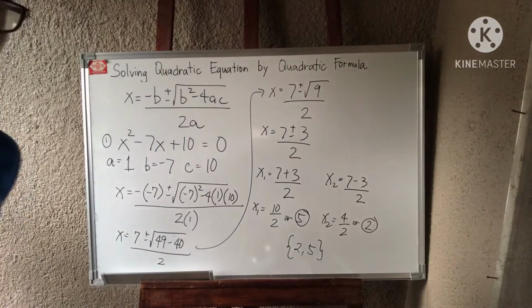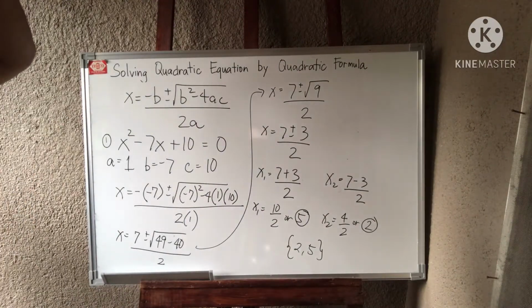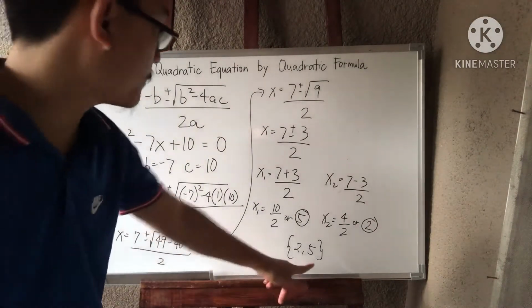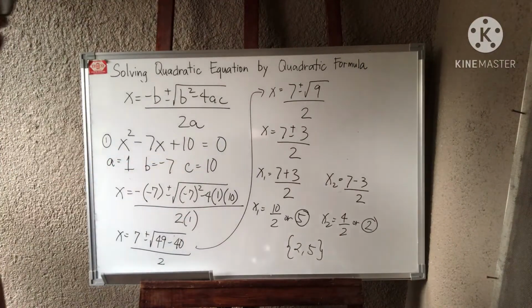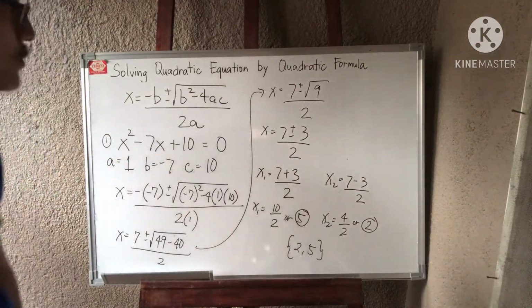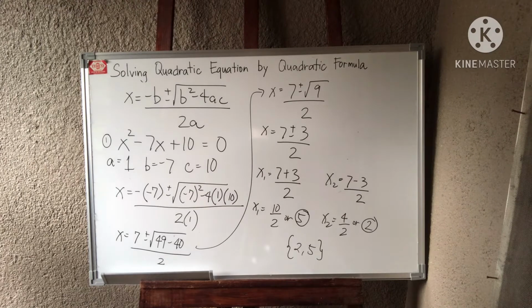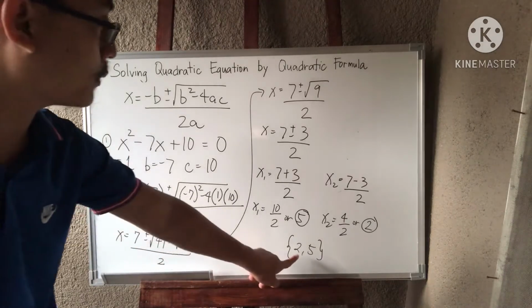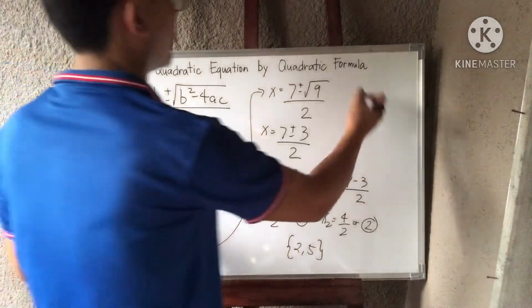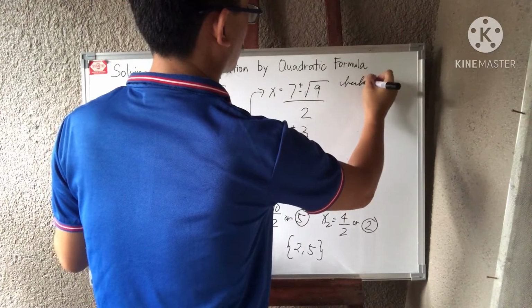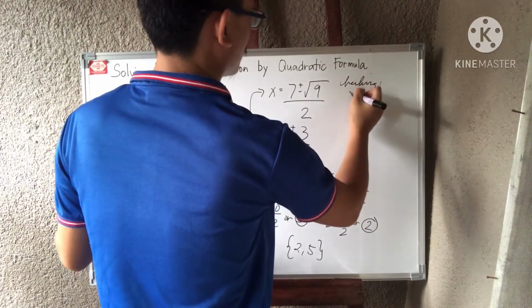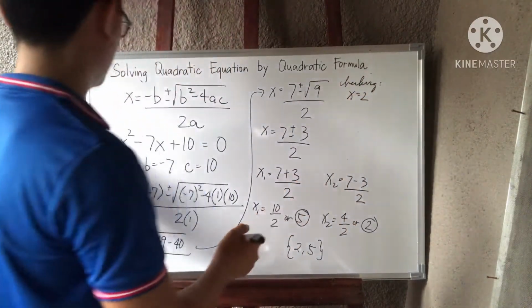Then we're going to check. Pag chinek natin, ang gagamitin natin is yung original equation. Okay? Try natin yung 2. Siguro yung 2 muna. Check lang natin. So, x equals 2.